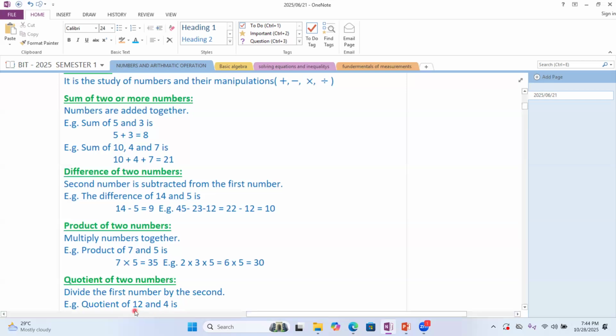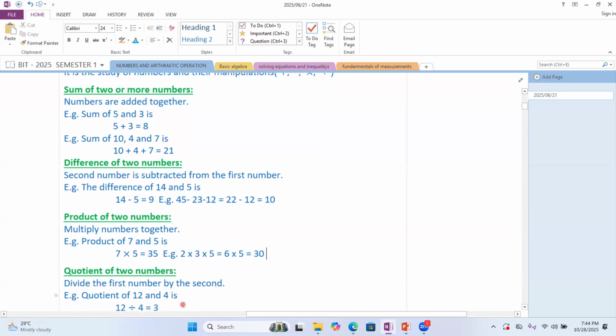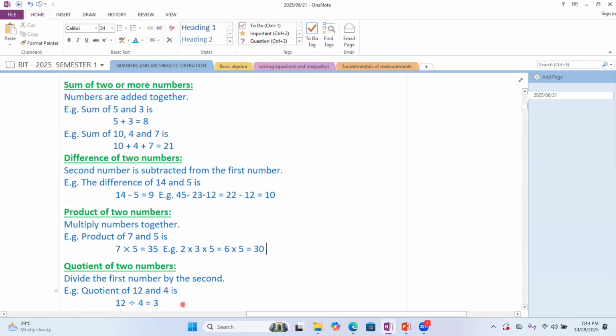For example, the quotient of 12 and 4 is the first number 12 divided by the second number 4. We should consider the order, 12 and 4.